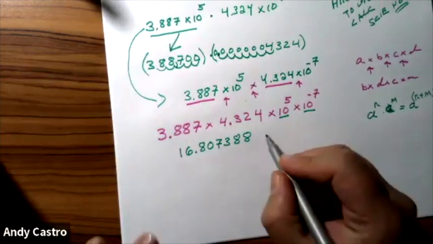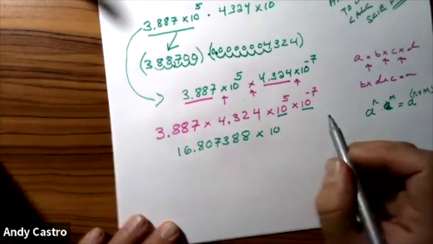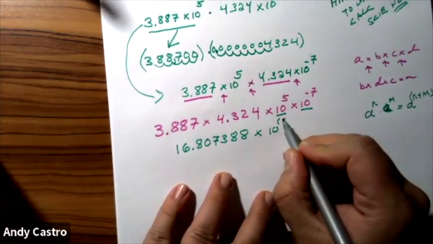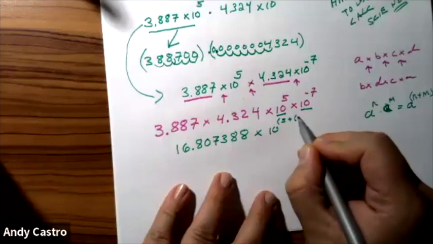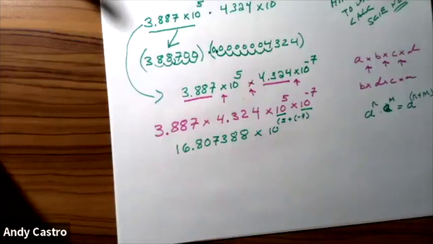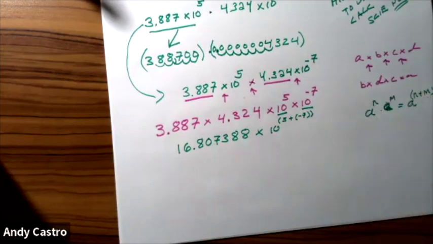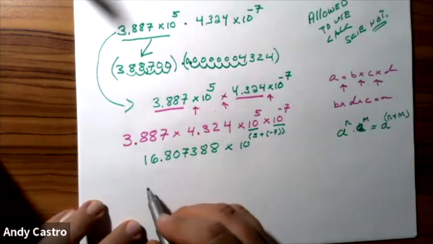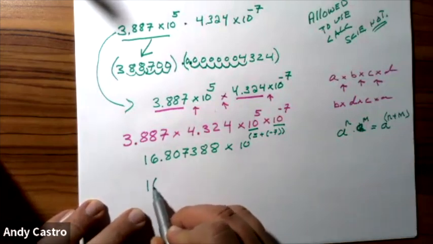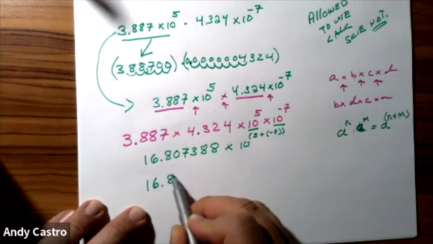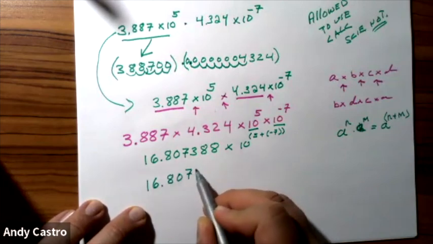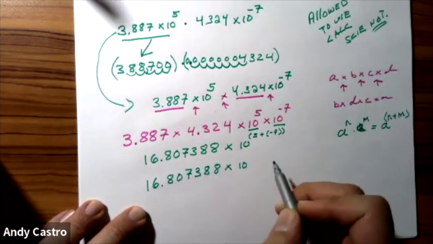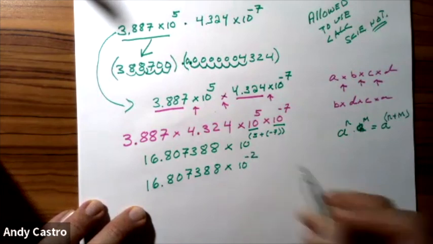Then I'm going to multiply that by 10. And here I can combine the two exponents. This would be 5 plus -7, and 5 plus -7 is -2. So this would be 16.80738 times 10 to the -2.